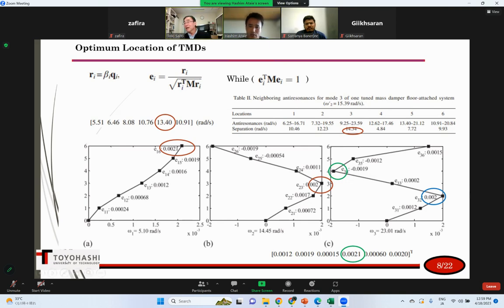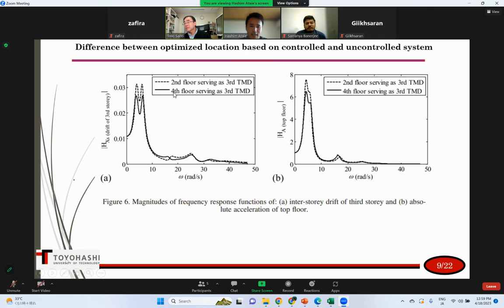Here the second floor is selected because the uncontrolled mode shape shows that the second floor has the maximum amplitude, but the controlled mode shape shows that the fourth floor has the maximum magnitude. So they installed the TMD on the second and fourth floors and compared.